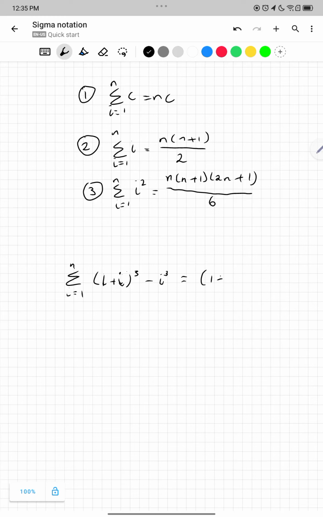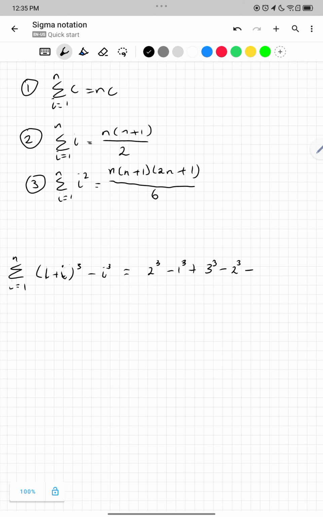So the simplification is going to be: say 1 plus 1 cubed minus 1, it's basically 2 cubed minus 1, then plus, and we have 2 plus 1, which is 3 cubed minus 2 cubed.